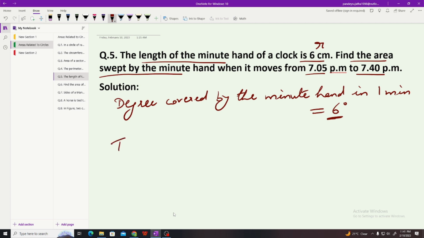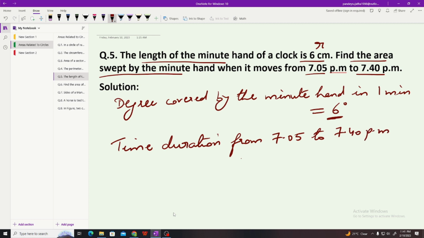So now time duration from 7:05 to 7:40 p.m. will be 35 minutes. This you all know.